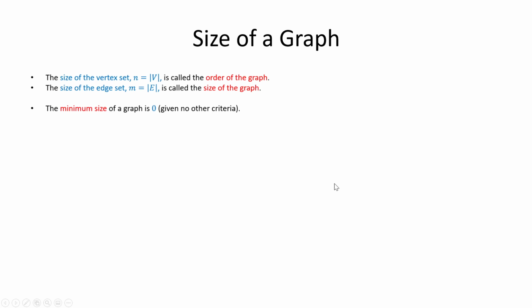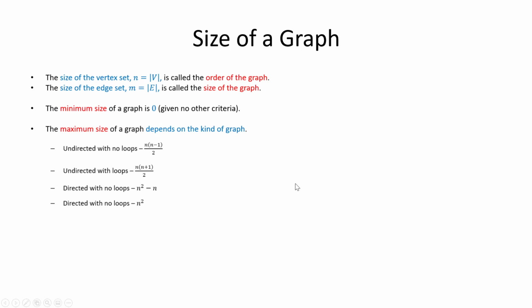But I'm more interested in what the maximum size of my graph is. And the maximum size of my graph is going to depend on what kind of graph I have. To do this, I want to think about each of our cases one at a time. The first two I'm going to consider are undirected graphs.